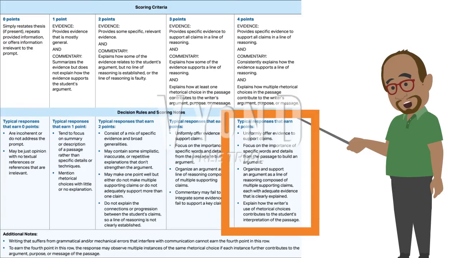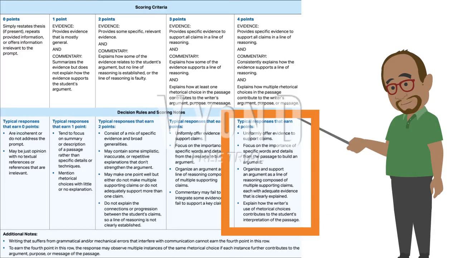Body paragraphs will make a claim that supports the thesis, provide adequate evidence that focuses on specific words or details from the passage, and consistently explain how that evidence supports the student's claim. The student will then connect that point back to the thesis and to the work as a whole. Students who can situate the argument within a broader context like this are also likely to earn the sophistication point.